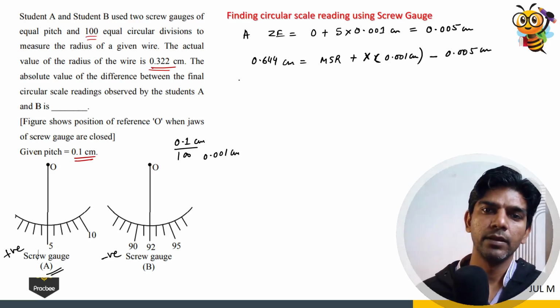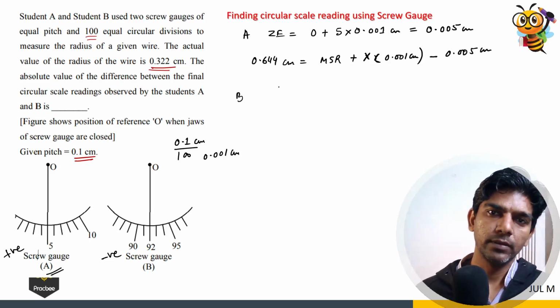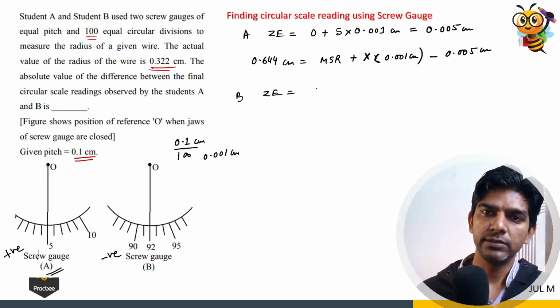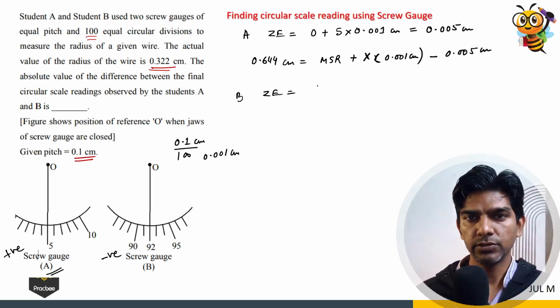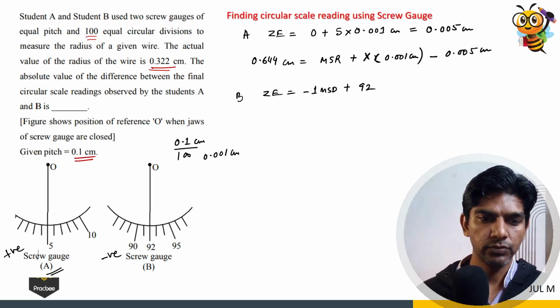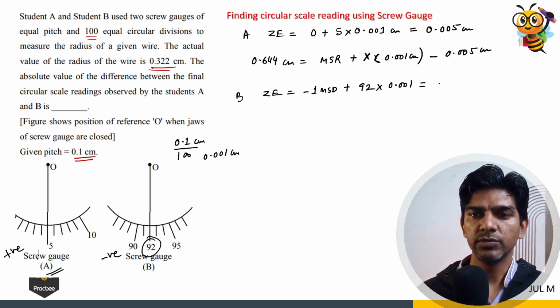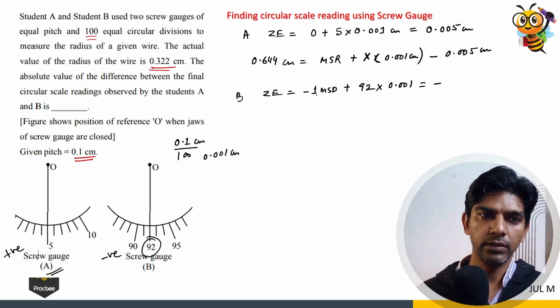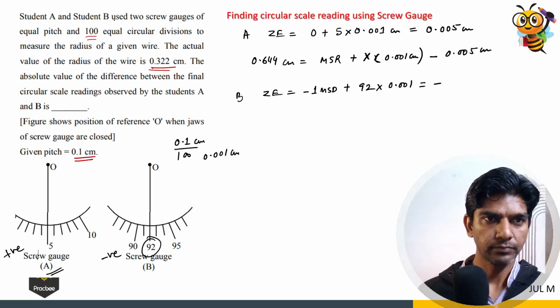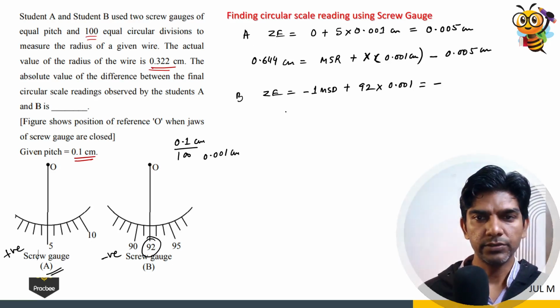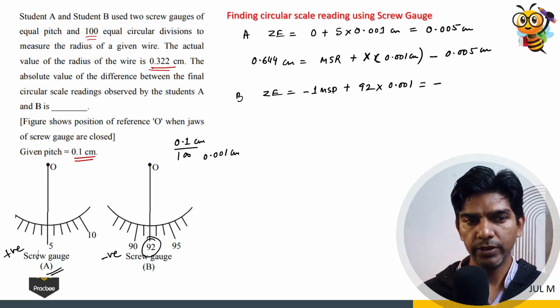centimeter. And for B, zero error is a negative zero error, so that will be minus 1 main scale division plus 92. So 92 is coinciding with the reference line times the least count, which is 0.001. So it comes out to be minus 1 main scale division, and pitch is 0.1 centimeter, so 1 main scale division will be 0.1 centimeter.